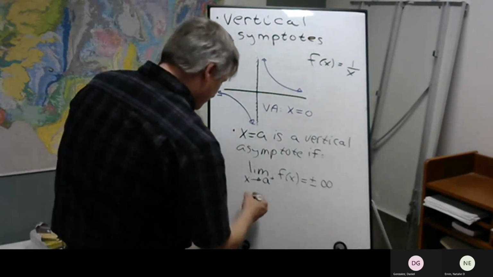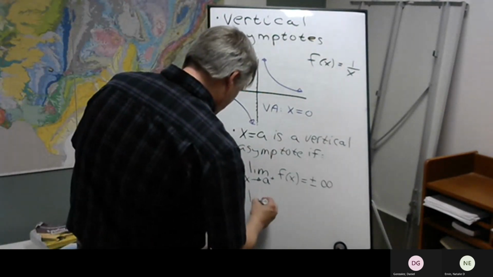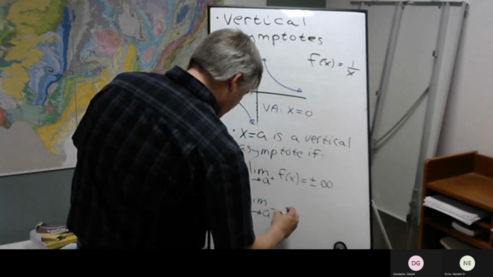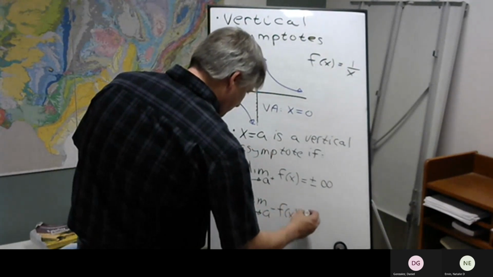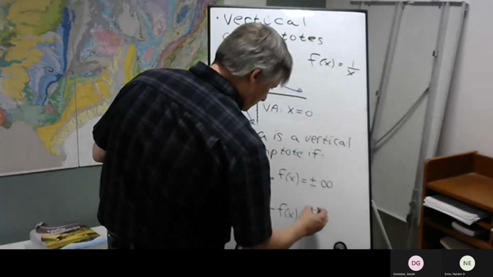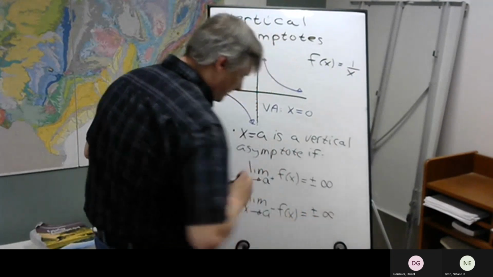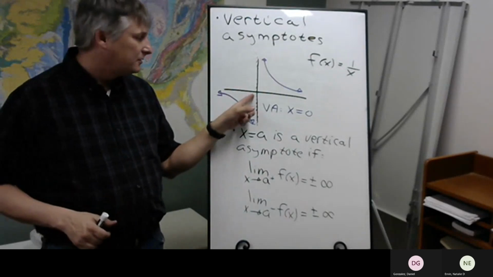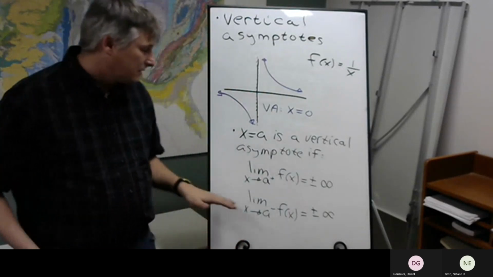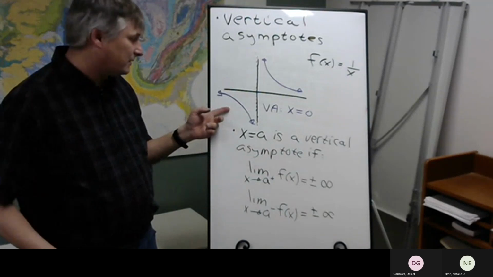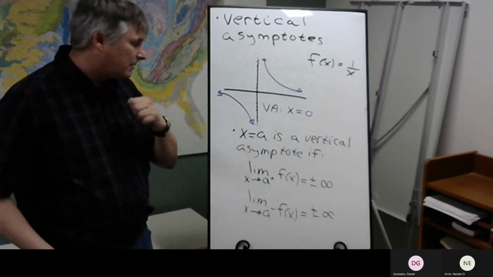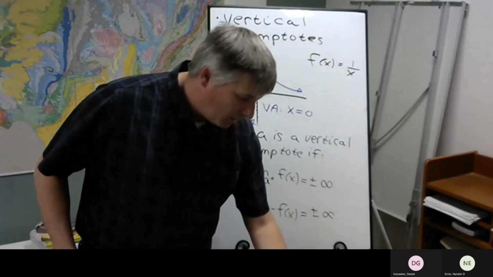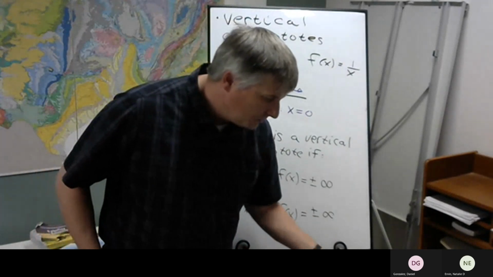The other criterion, as you approach from the left, you're also going to get an infinite limit. And so in this case, as we approach 0 from the left, we get a limit of negative infinity. So that's one way of expressing these using calculus.